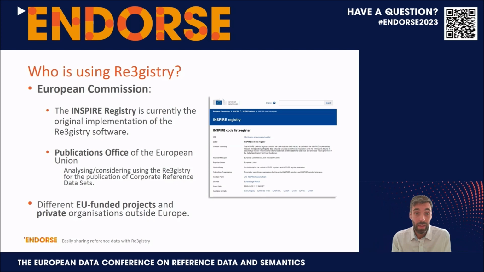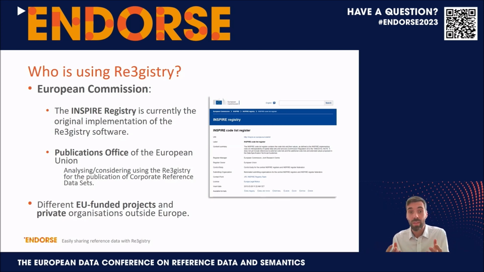It's actually the original implementation of the Re3gistry software. For example, if we are talking about geospatial data, any metadata that is following the INSPIRE directive at some point is pointing to a code list managed on the INSPIRE registry, and the INSPIRE registry is running with the Re3gistry software.